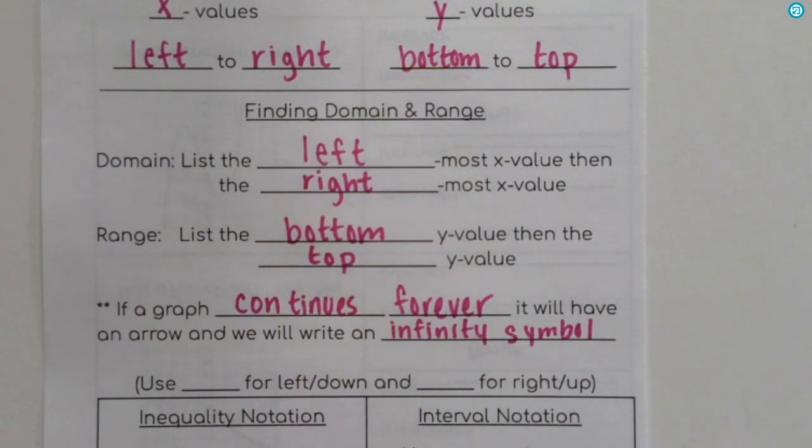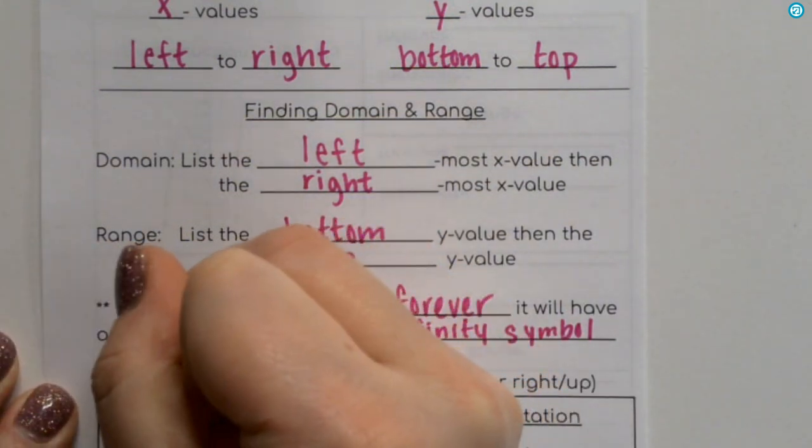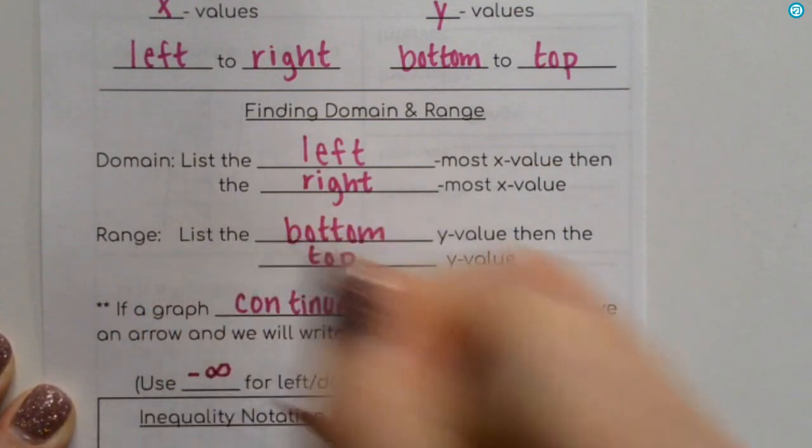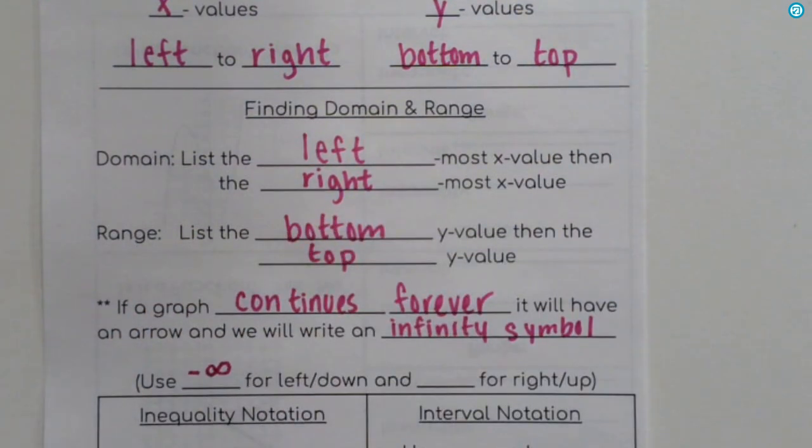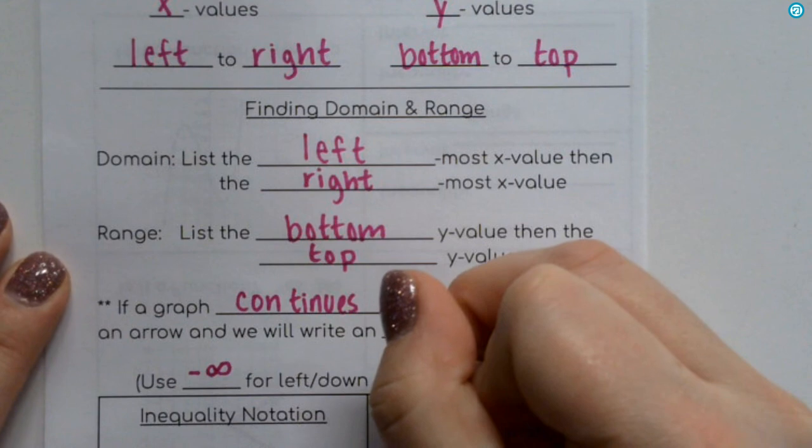If it's on the left side or the bottom, we will write down negative infinity. If it is on the right side or the top, we will write down positive infinity.